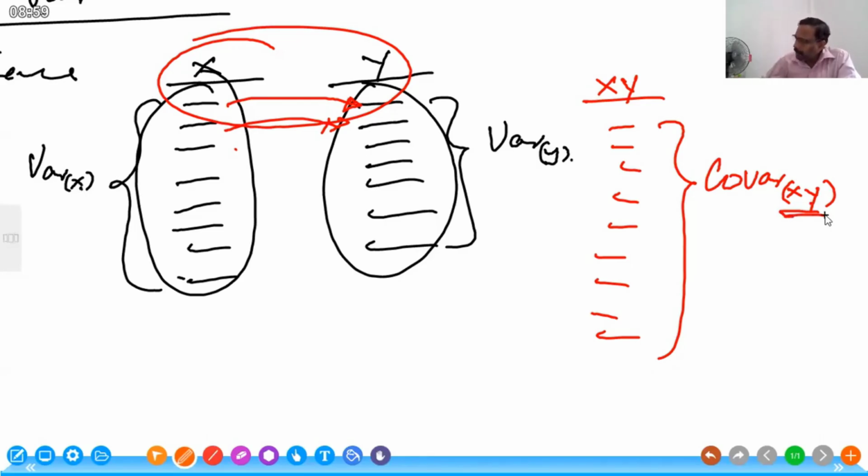There may be covariance of x, y, z, much more complicated. Covariance could be of any system. So that is the basic principle of the meaning of covariance.